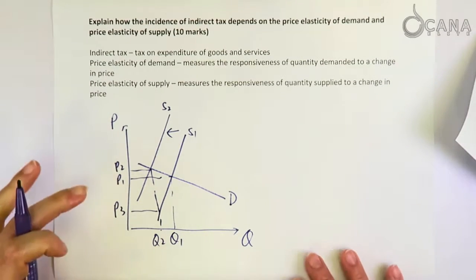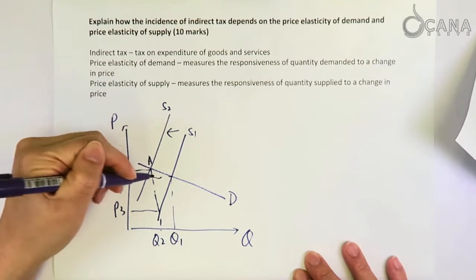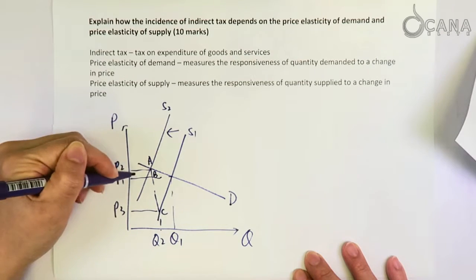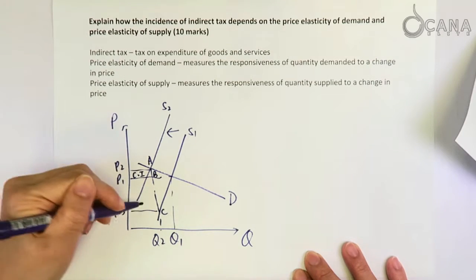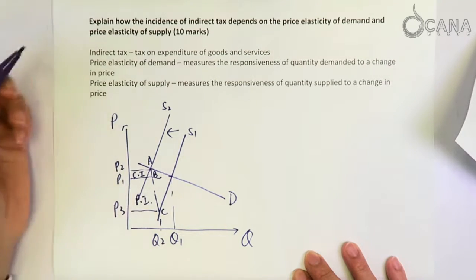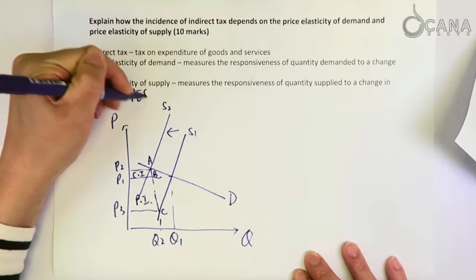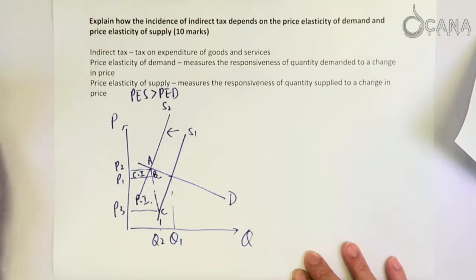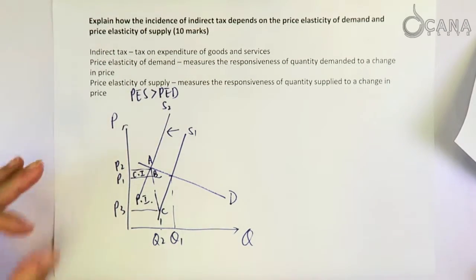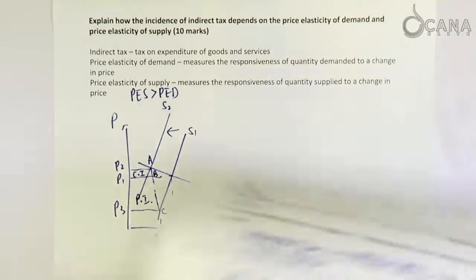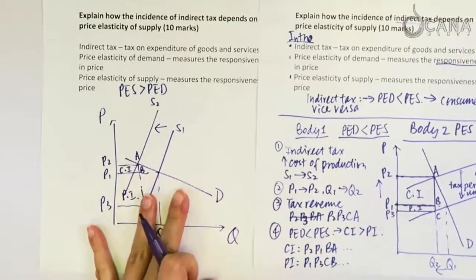Okay, so that would be the diagram, and we can also explain that this now becomes the consumer incidence, and this becomes the producer incidence in body 2, where PES is greater than the PED. Okay, and basically the explanation is all the same. It's the same as the previous explanation.